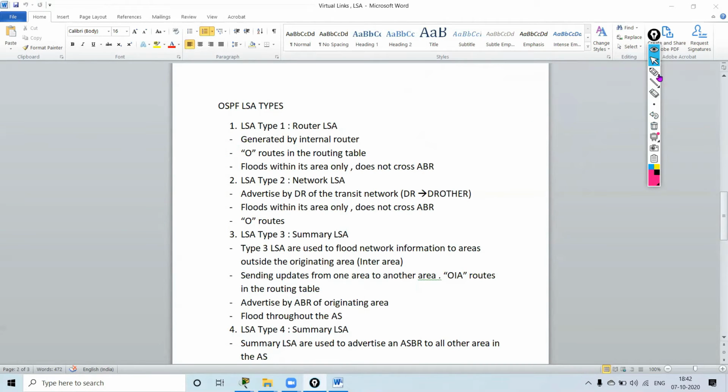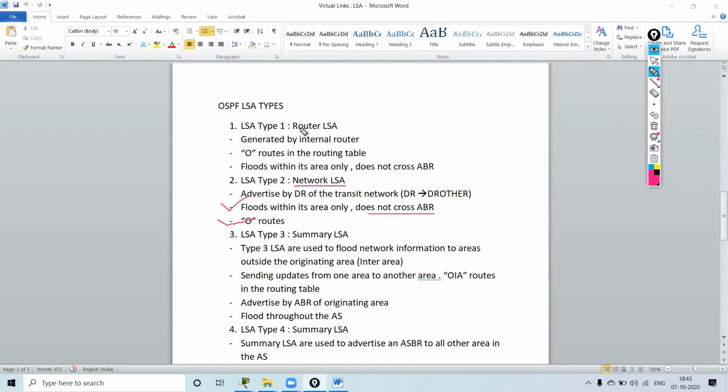Then we have LSA type 2, network LSA. Network LSAs are advertised by the DR to the transit network, meaning whatever the DR is advertising to the DR other routers are known as network LSAs. It floods within its area only and does not cross the ABR. They are also seen as O routes.